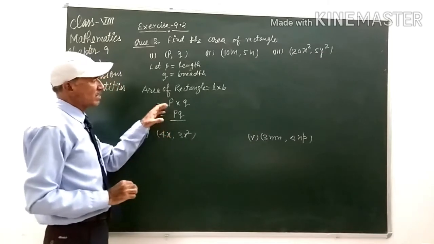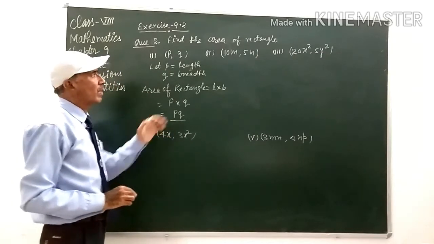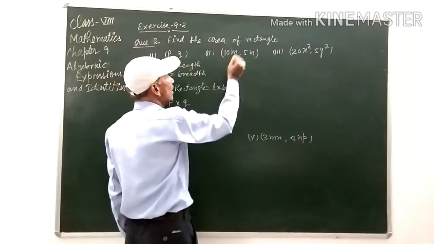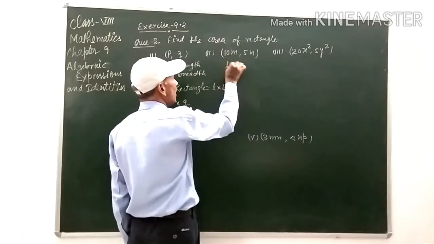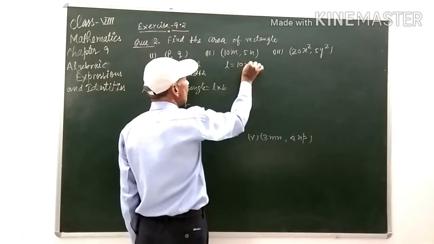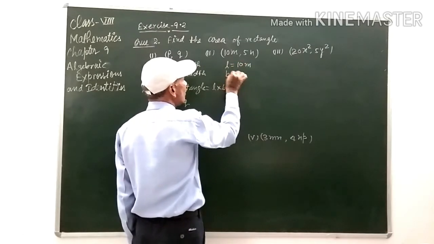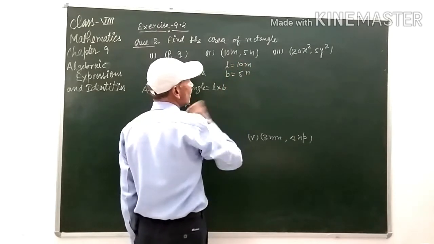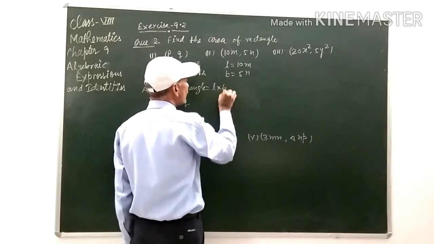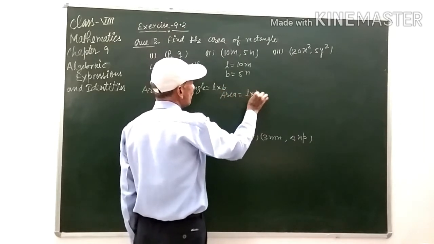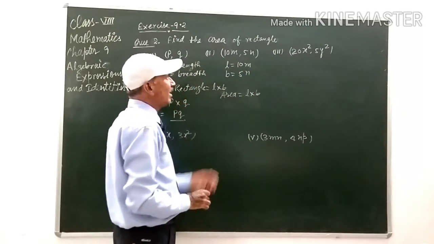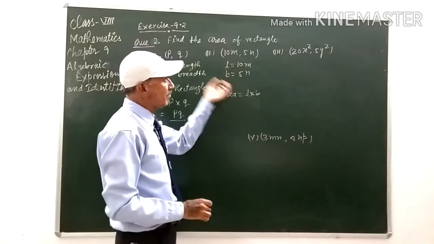Clear, students? This is the area. And in this, L is equal to 10m and B is equal to 5n, then area is equal to L into B, because it is a rectangle. These are the sides of the rectangle.